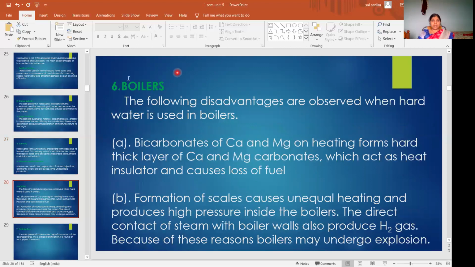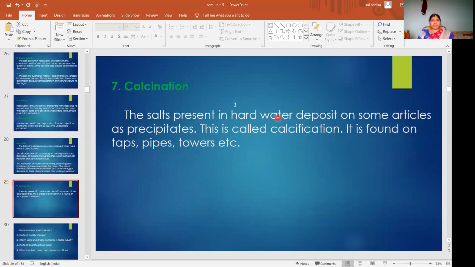So boilers, what is happening? Loss of fuel will take place due to these bicarbonate salts. And here corrosion takes place and this may undergo explosion. Okay. Next come to calcination. Due to the presence of salts, precipitates will be deposited on the articles.